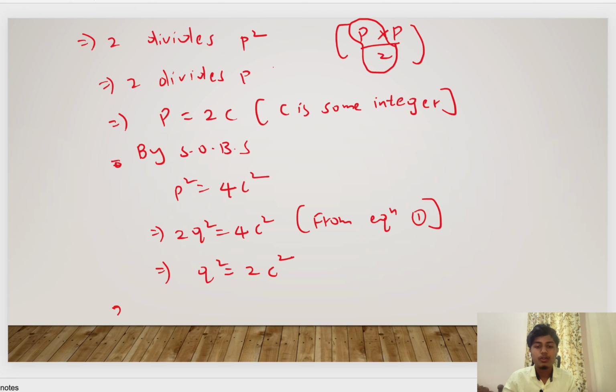2 divides q square. It automatically divides q. That implies 2 divides q. So 2 is a common factor of p and q.